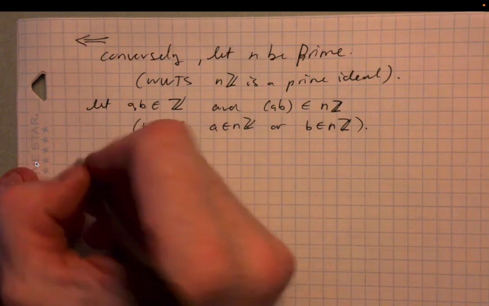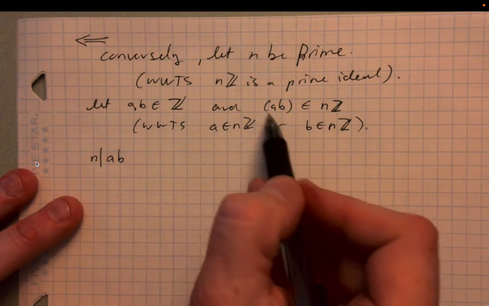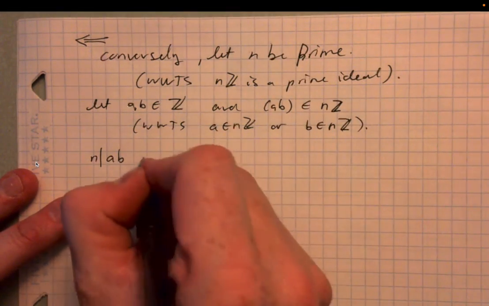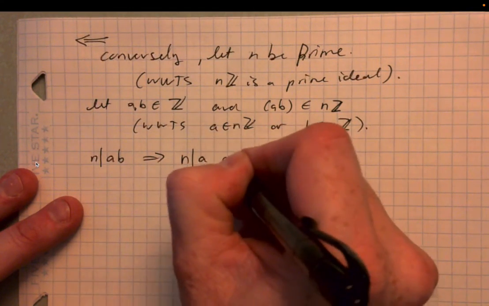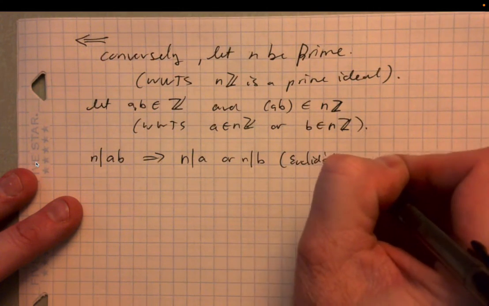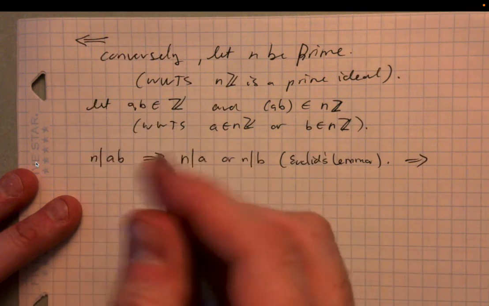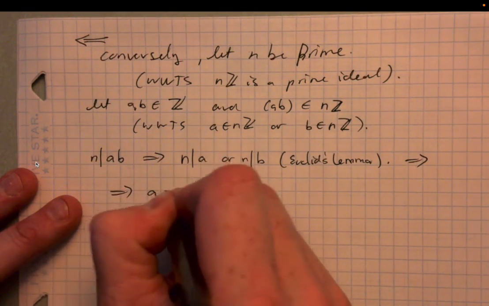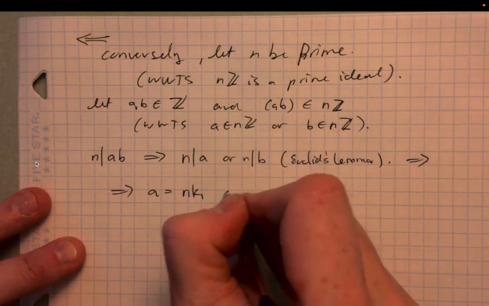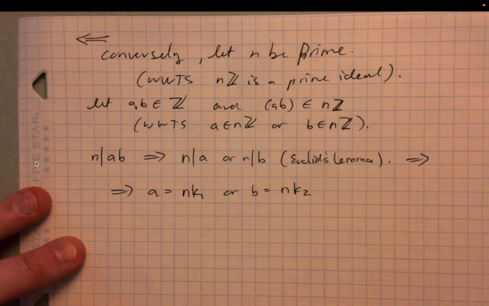Well, we know that n divides ab. If ab is in nZ, then n must divide ab. And since n is prime, n divides a or n divides b. This is Euclid's lemma. So that implies that a is equal to nk1 or b is equal to nk2, where k1 and k2 are integers.